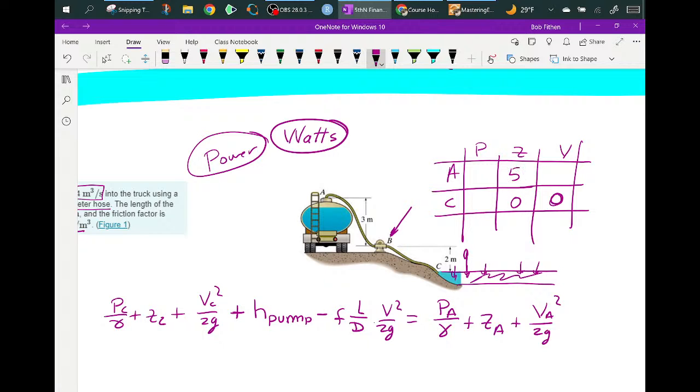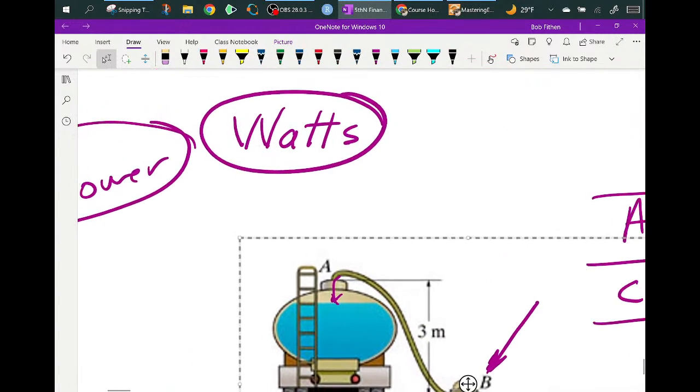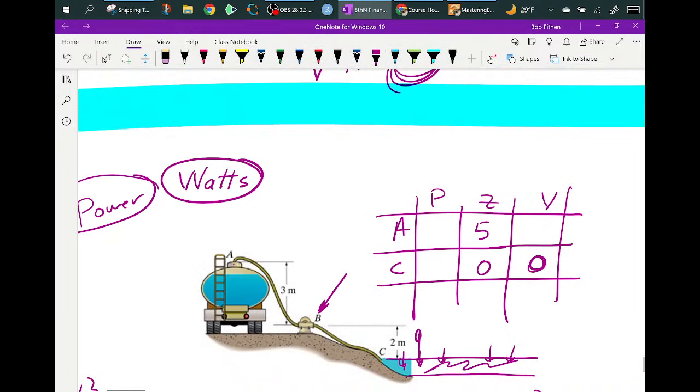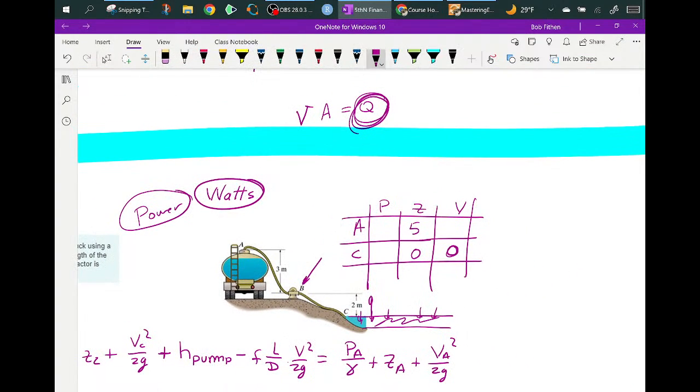I'm also going to assume that the water squirts out into the atmosphere, which tells me that the pressure at both C and A are nothing.